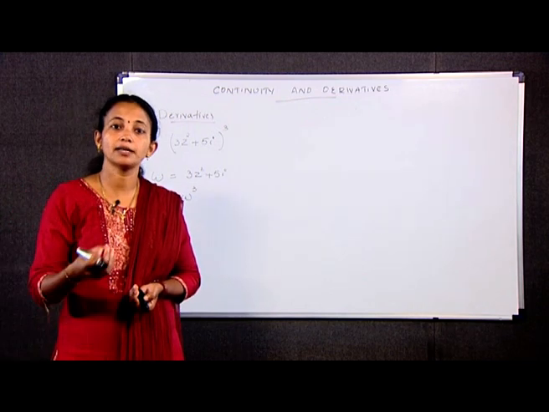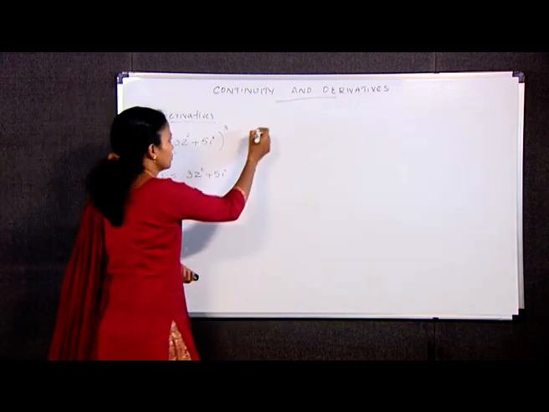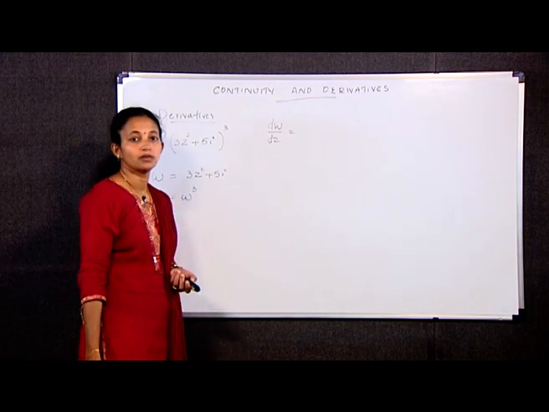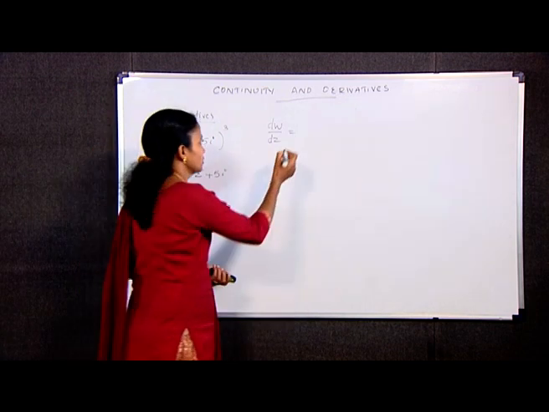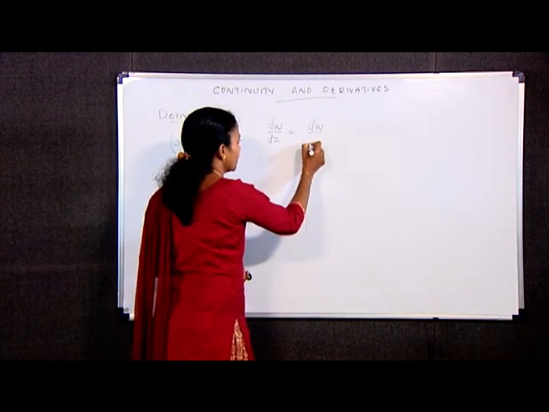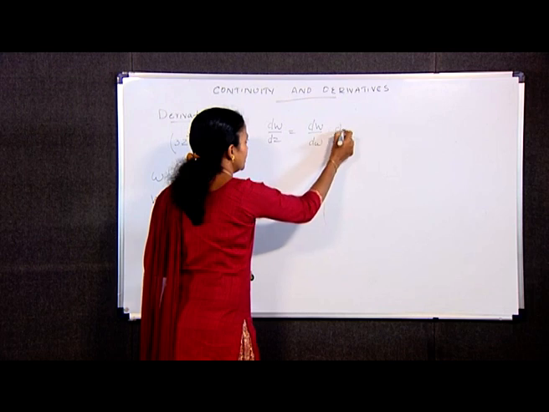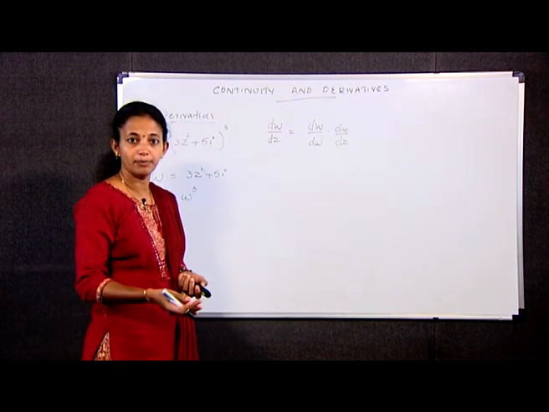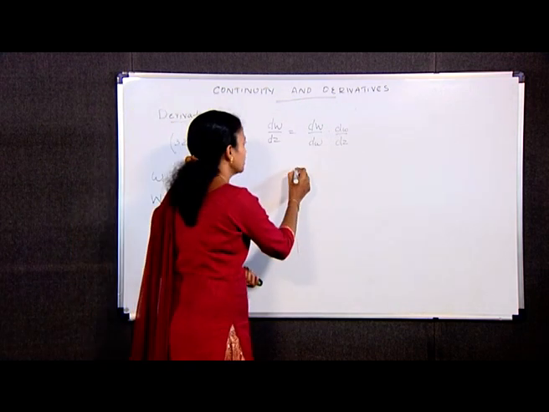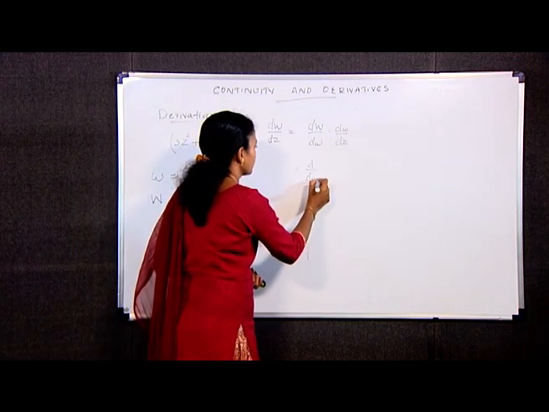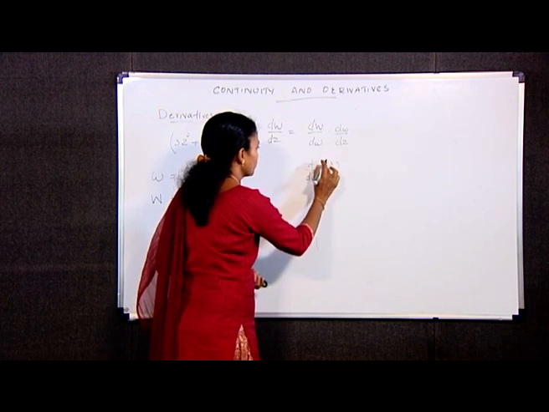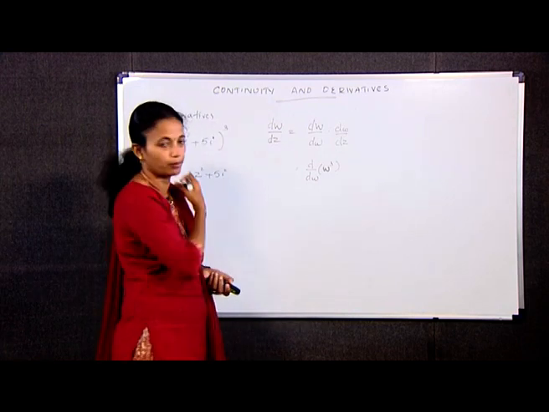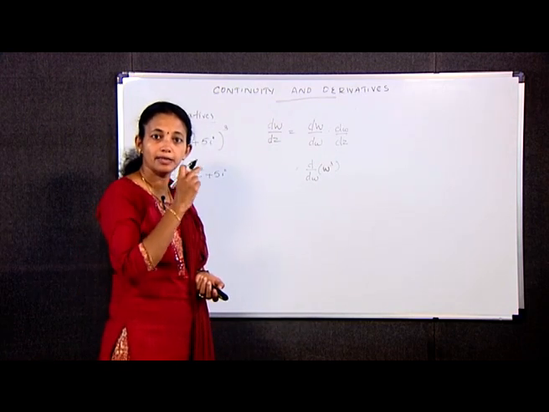Then dW by dz is equal to, by chain rule, dW by dw into dw by dz, which is d by dw of w cube into dw by dz.